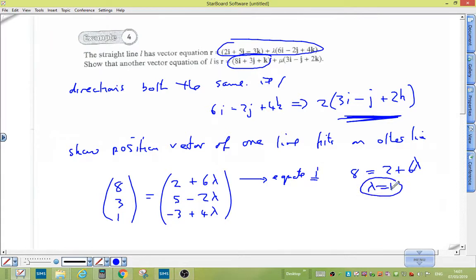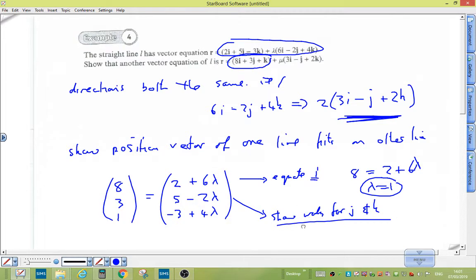What have you got to do with that now? You've got to show that that works for the others. It works for the top one, but does that give me 3? Does that give me 1? So you need to tell the examiner, show it works for j and k.